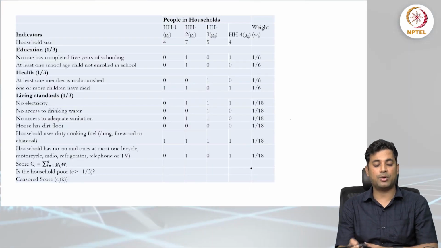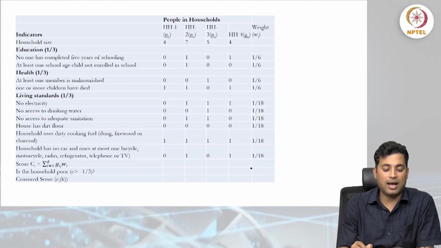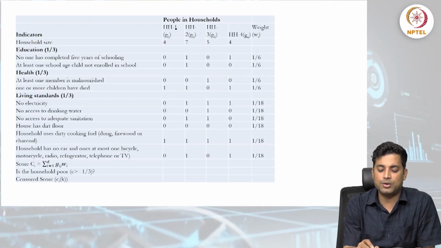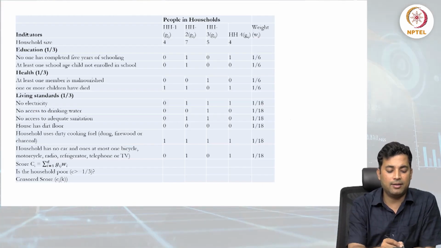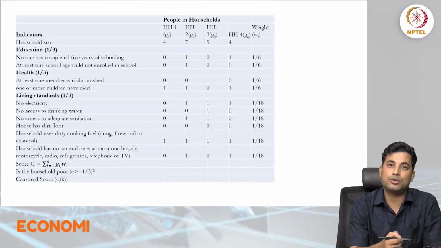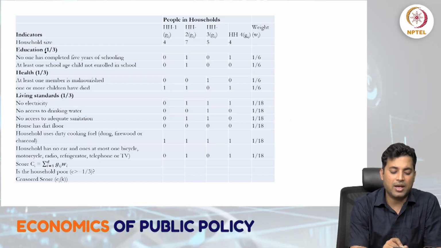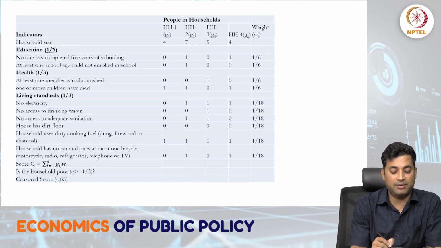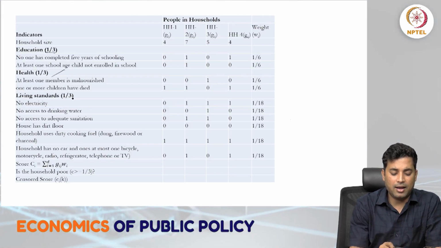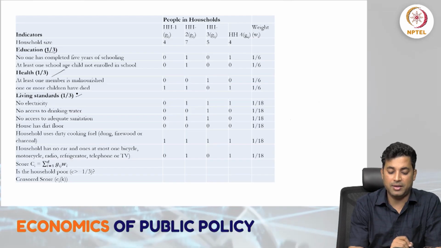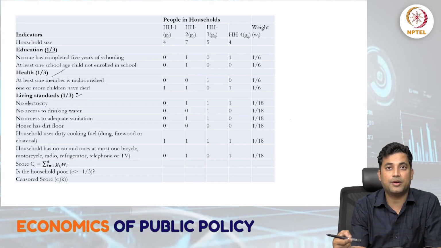So now let's have a quick look at how we calculate. Say here are households 1, 2, 3 and 4, and these are the indicators. Here also there is equal weightage among the broad dimensions: in education we are giving 1/3, in health 1/3, and in living standard 1/3.